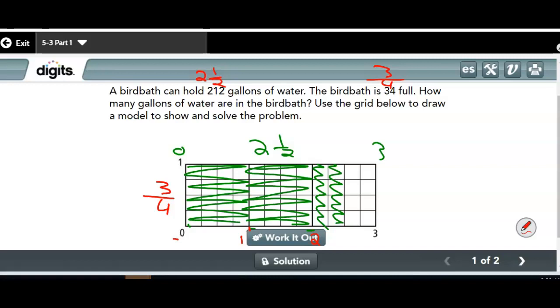How many rows will I fill in? John, I'm going to shade in 3 of them. Again, now I am just looking for where the 2 colors or the 2 shades overlap.